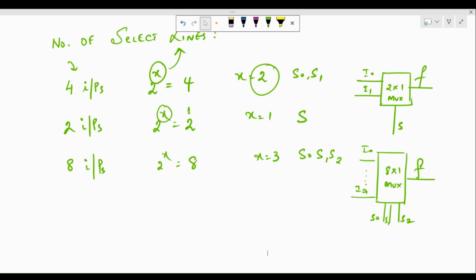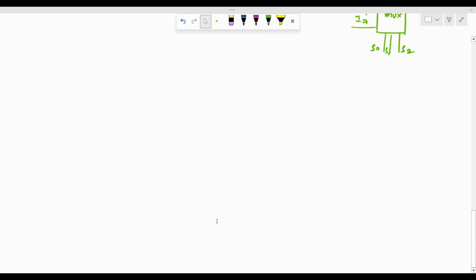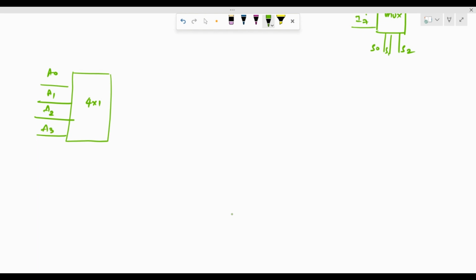Let us look at some numericals related to multiplexers which were asked in the GATE examinations. This particular question was asked in the EC paper in 2022. The question goes like this. There is a multiplexer which is a 4 cross 1 mux, and they say that there are four inputs A0, A1, A2 and A3.